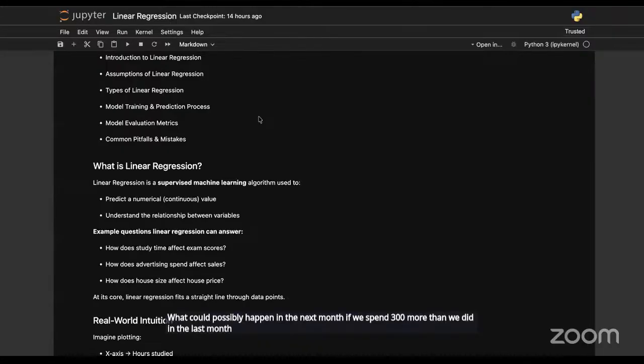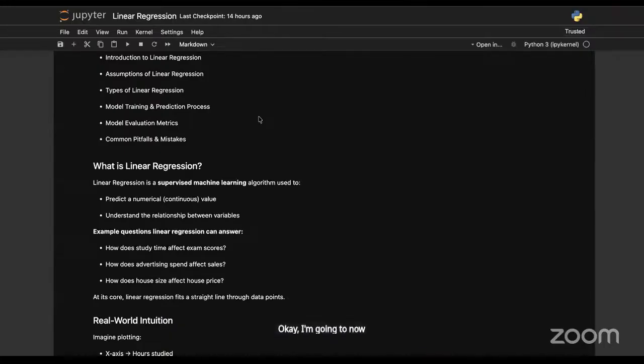Would that increase our sales? That's when we decide, from the past data, to use linear regression to help predict whether increasing my advertising costs by 300 will increase my sales. The last example would be, how does house size affect house price?